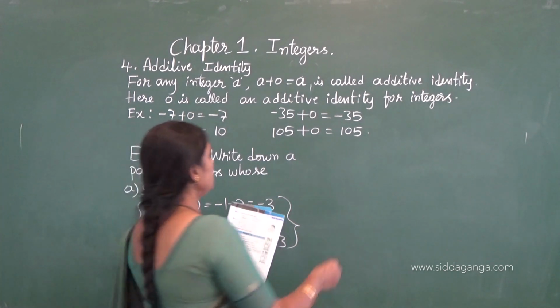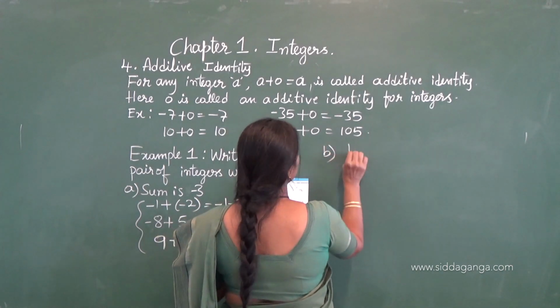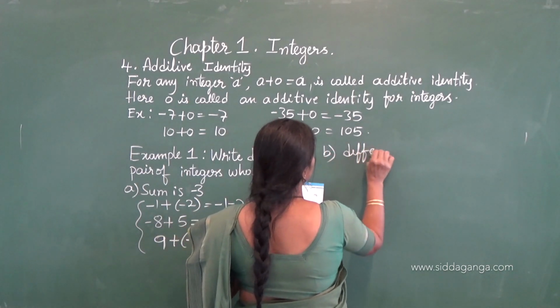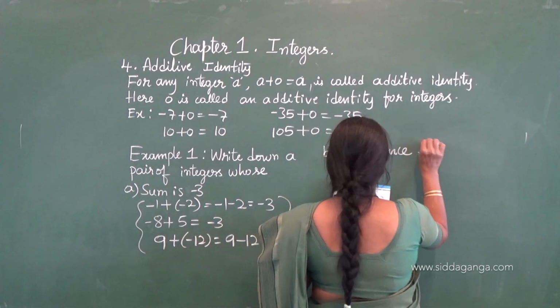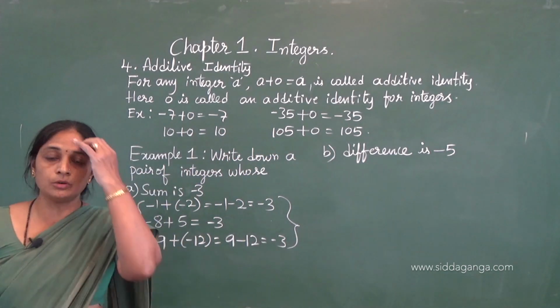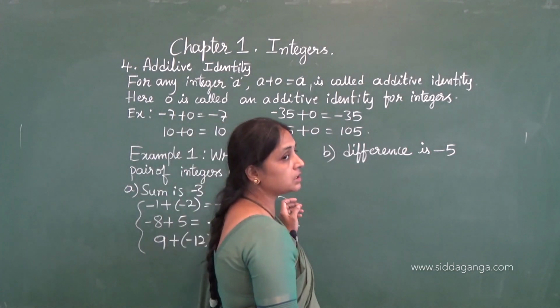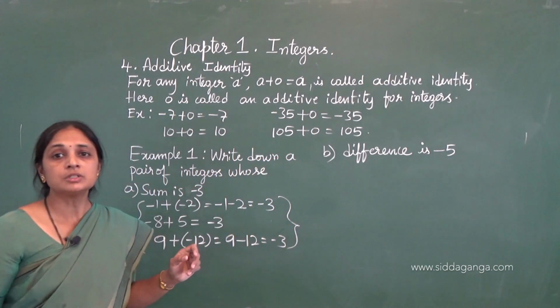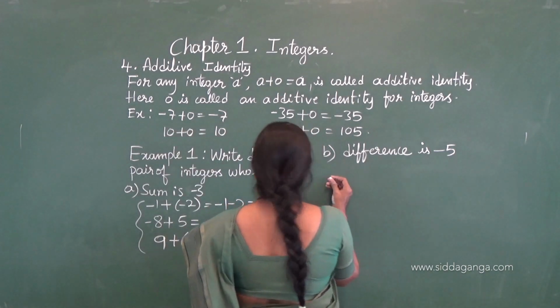And B: the difference is minus 5. When we subtract, we have to take two integers and subtract one integer from the other. Then how can we write?